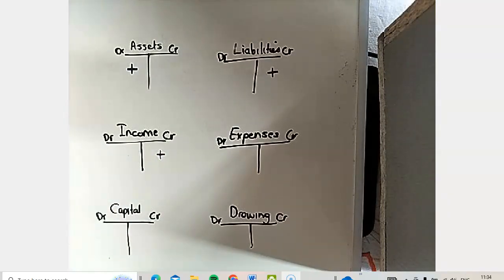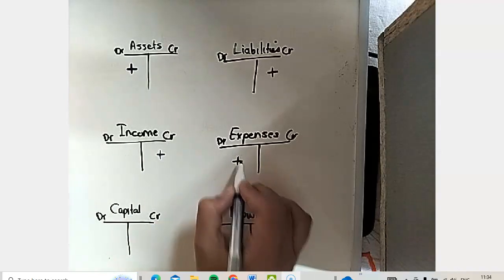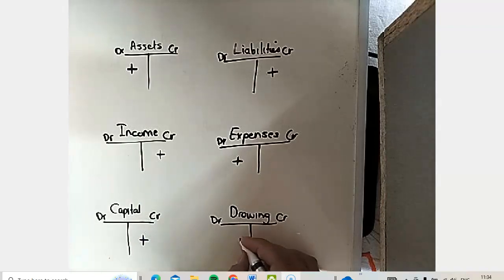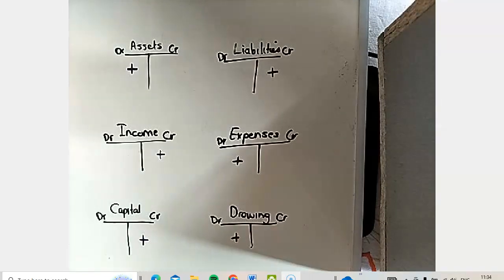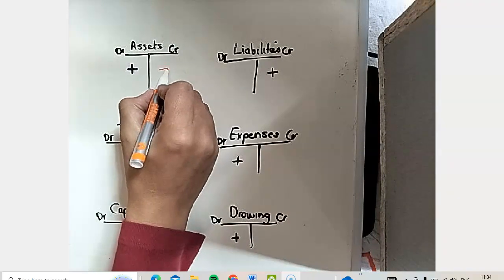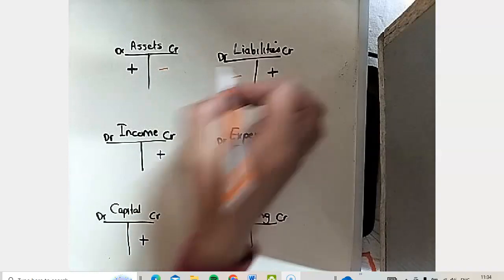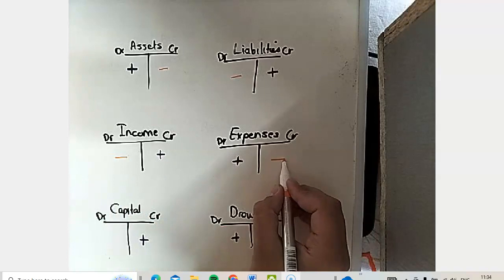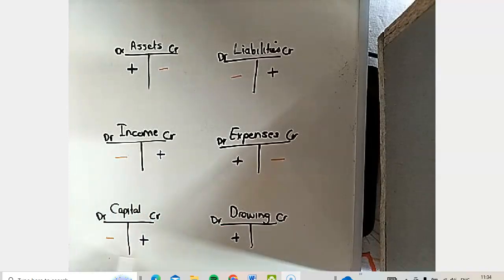Expenses are going out, so it increases on the debit side. Capital is an income, so it increases on the credit side, and drawings will be on the debit side. So if we look at assets, they decrease on the credit side, liabilities decrease on the debit side. Income decreases on the debit side, expenses on the credit side. Capital on the debit and drawings on the credit side.